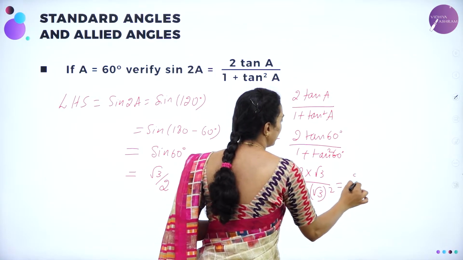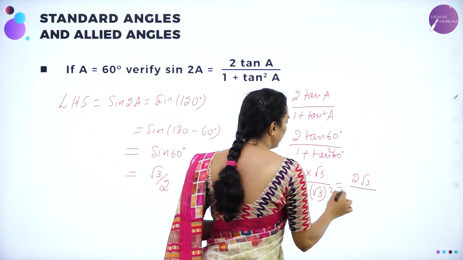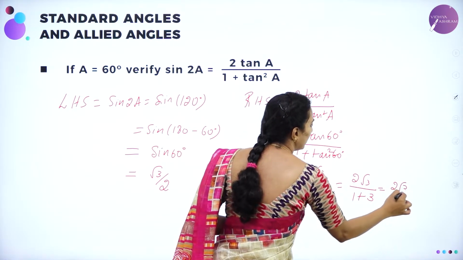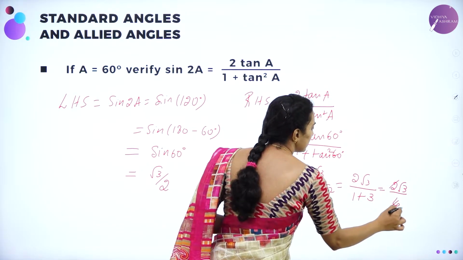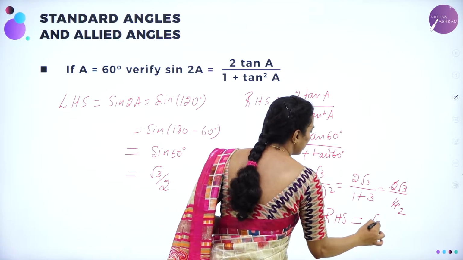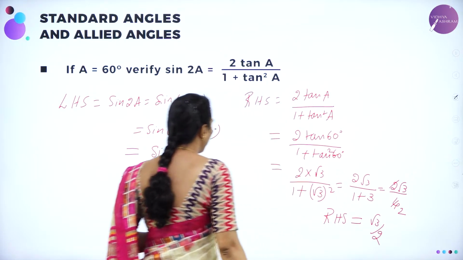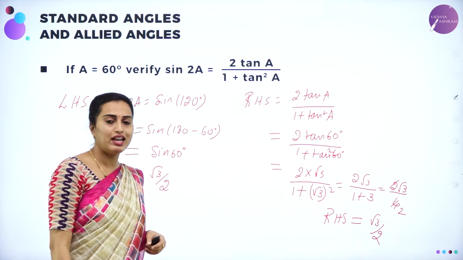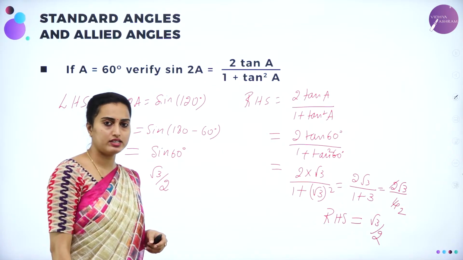Now this will give you 2 root 3 divided by 1 plus 3, which is 2 root 3 divided by 4. 2 ones are 2, 2 twos are 4. So therefore RHS is giving you the value root 3 divided by 2. What about the LHS? It is also root 3 by 2. RHS is also root 3 by 2. Left hand side is equal to the right hand side.